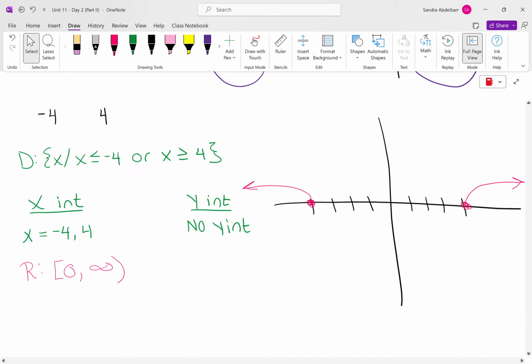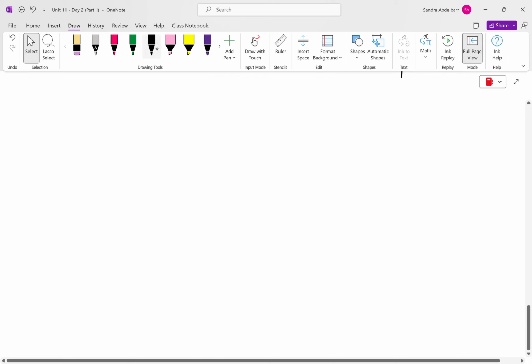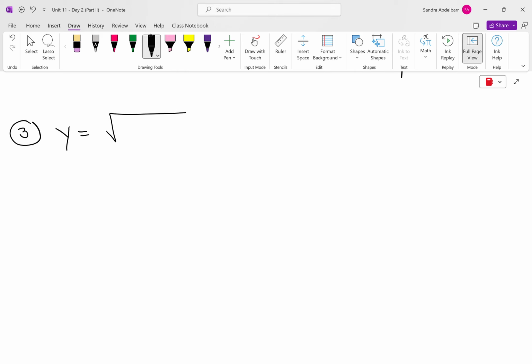All right, one more type of thing I need to show you for today. Oh no, actually two more things. Okay, y equals the square root of 9 minus x squared.